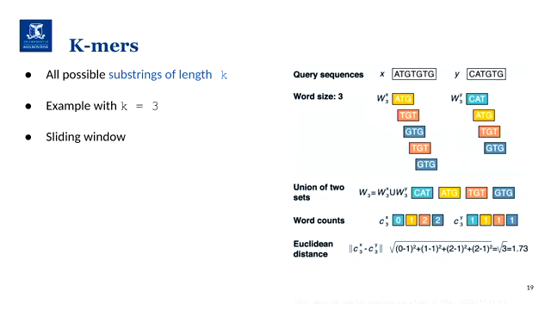This is a way to represent the sequence, right? I'm considering how many of these k-mers each of the sequences has. For instance, we can consider the union of all possible k-mers in those two sequences. In this case, we have 4 different ones, and we can take into account their frequency.